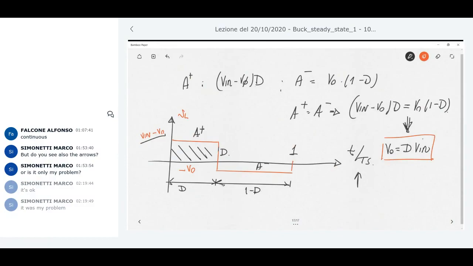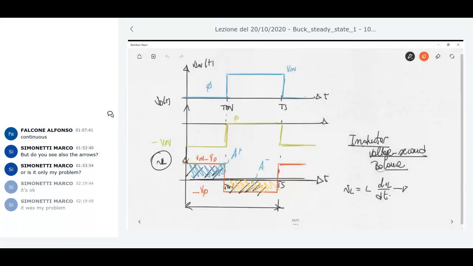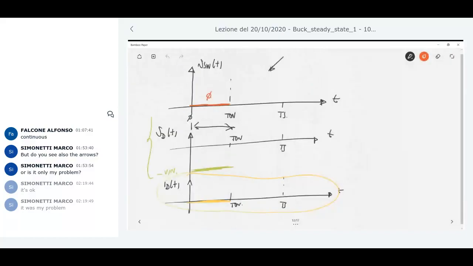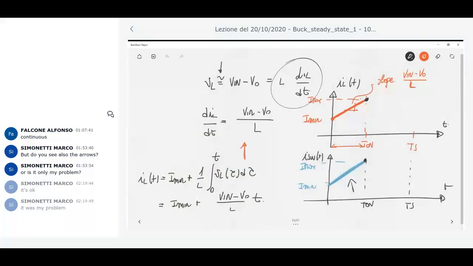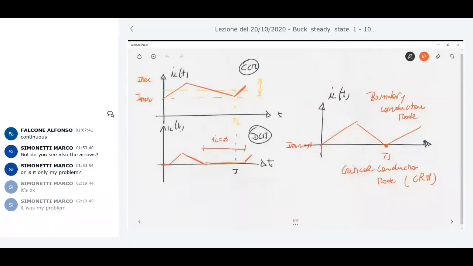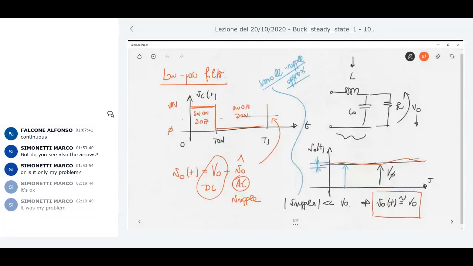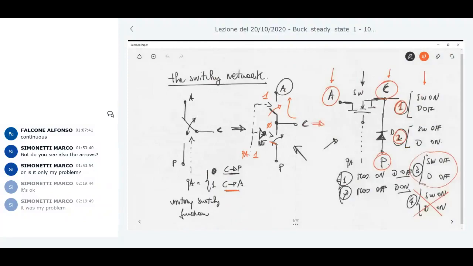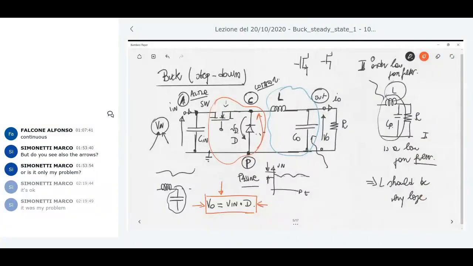Remember that this expression was already derived, when in the introductory lectures I used the buck as an example of a switching converter. But I derived this expression by looking at the DC value of the voltage across the diode and then extracting the average value of this voltage. Remember, this is exactly the expression I derived in the first lecture.